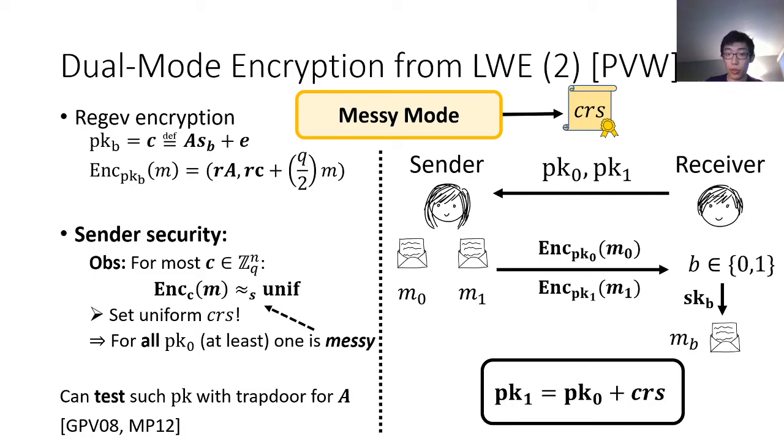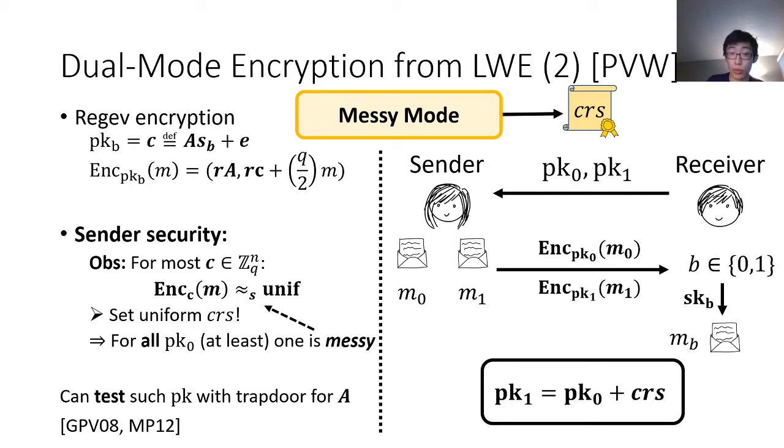So for sender security, here the CRS will be orange, and the main observation is that if you take the space of valid public keys, not necessarily produced by the key generation algorithm, then actually most of them are message-lossy, or messy, in the sense that if you encrypt a message M under such a public key, then this is pretty much garbage.